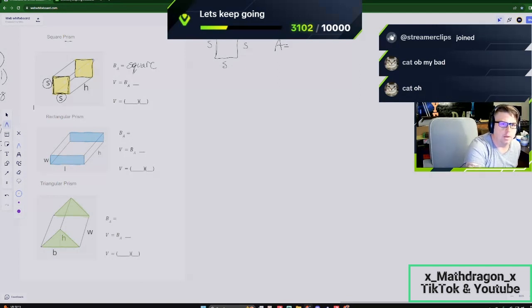We would do length times width. But because they're the same, if I put any number here, let's put a 3 here. If I do length times width, I'm really doing 3 times 3, okay? Which would just give me 9. So when we do the area of a square, my base shape, it's just going to be a side length times a side length.